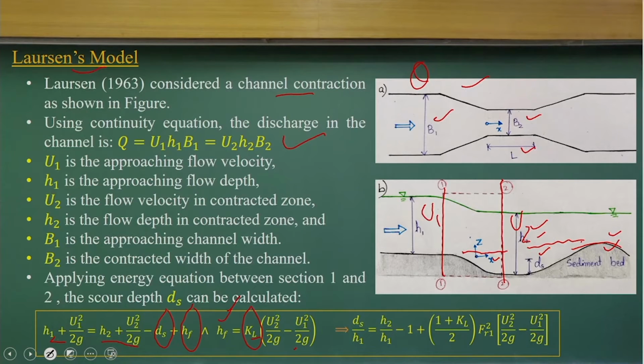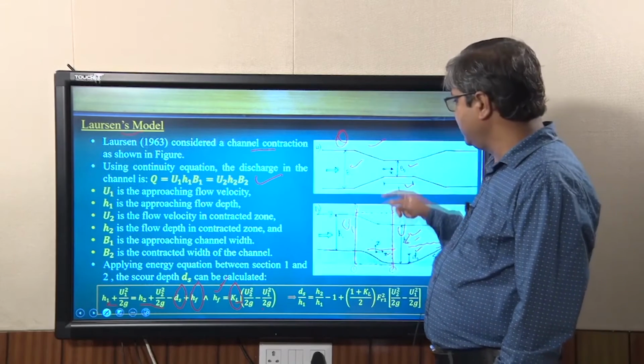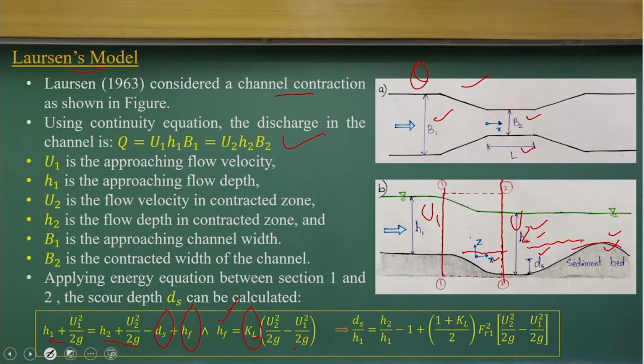The energy loss happens because of this contraction. There will be formation of vortices and highly turbulent structures, which cause the energy losses. Here we quantify it as in pipe flow, proportional to the velocity head difference.